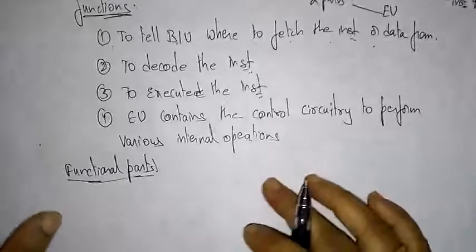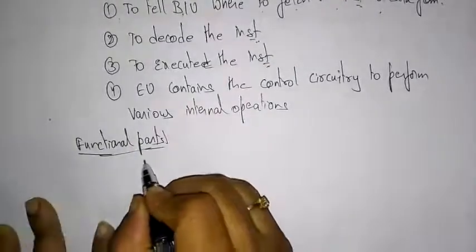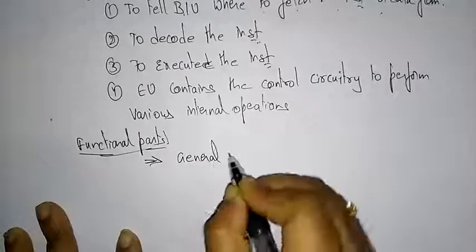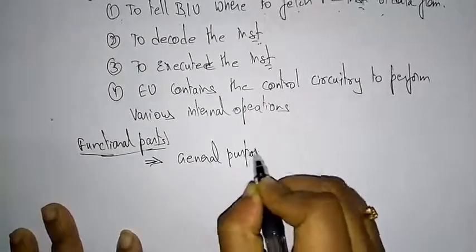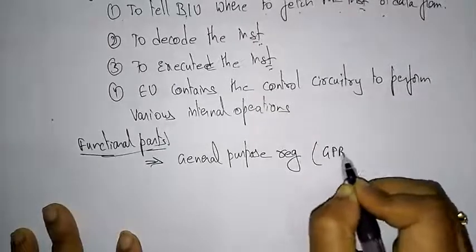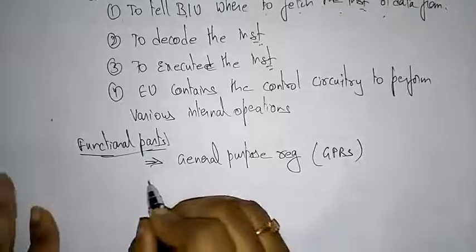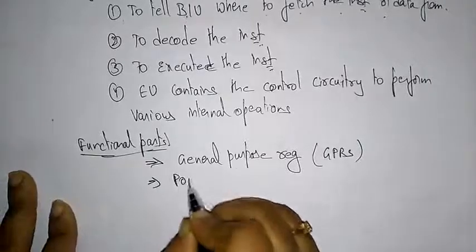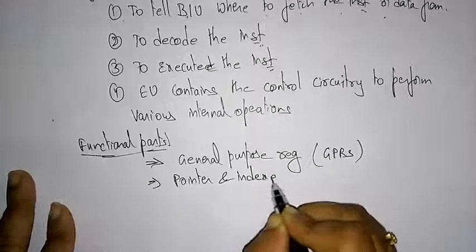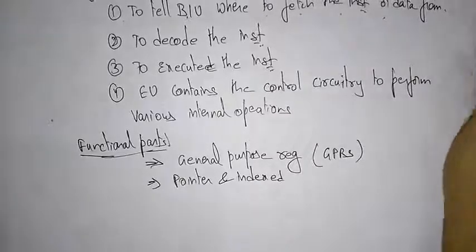Now let us see the functional parts in the execution unit. First are the general purpose registers, called GPRs. It also has the pointer and index registers, whereas in the bus interface unit you have the segment registers.